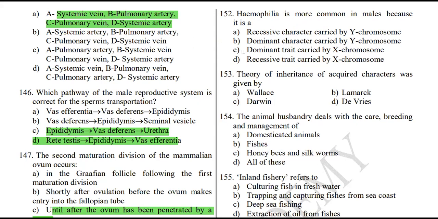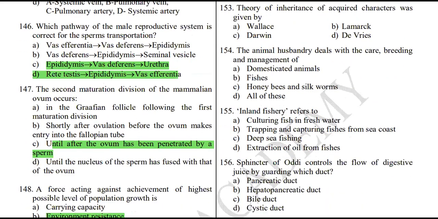The next question, the theory of inheritance of acquired characters was given by which of these people? What Lamarck said is that the giraffe's necks were taller because the tree was literally high.